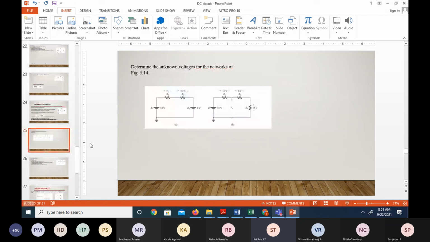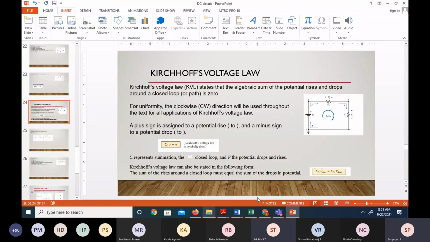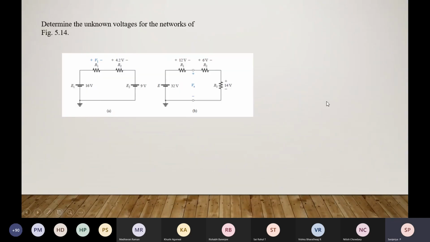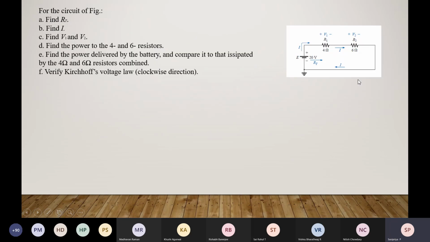Ma'am, actually, can you explain that positive current and negative current only once, the last slide? What I mentioned is, when I want to analyze the circuit, I will assume some current. Initially we do not know whether the current is going to flow like this or this. So for the analysis and calculation purpose, I have a circuit like this, and I assume the current direction like this, clockwise.